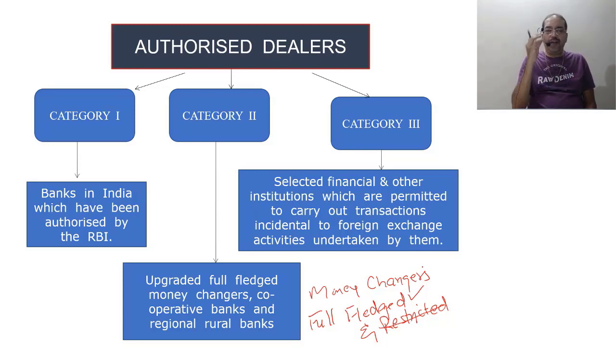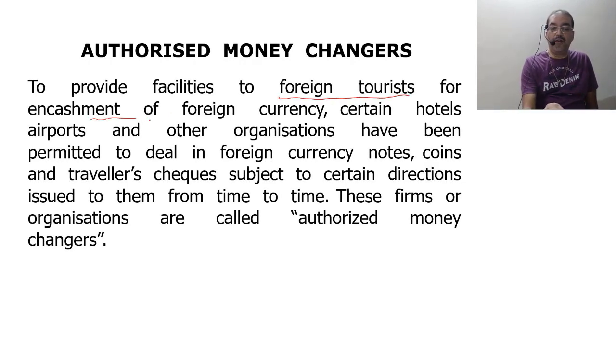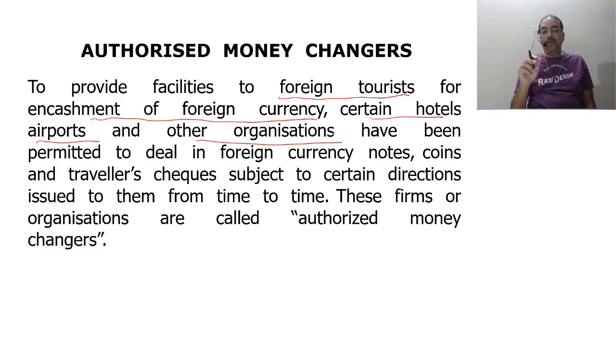So this was there with the purpose of meeting the requirements of foreign customers, foreign tourists. Let us see authorized dealers. We have authorized money changers, as I told you, to provide facilities to foreign tourists for encashment of foreign currency. Certain hotels, airports, and other organizations have been permitted to deal in foreign currency notes, coins, and travelers checks.